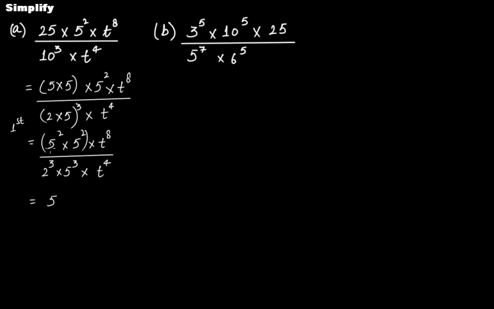If you have the same base and you are multiplying them, this becomes 2 plus 2, the first law of exponents, and this is t to the 8th power, and this is 2 to the 3rd power times 5 to the 3rd power times t to the 4th power. Now this is 5 to the 4th power times t to the 8th power, and this is 2 to the 3rd power times 5 to the 3rd power times t to the 4th power.